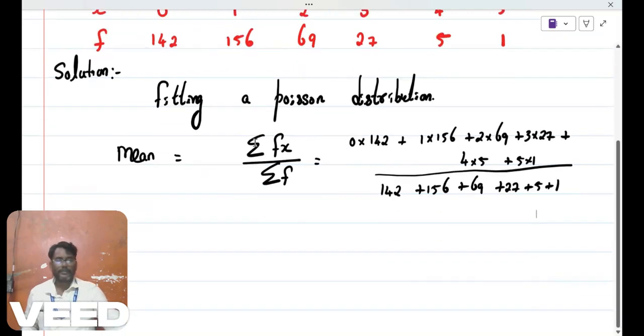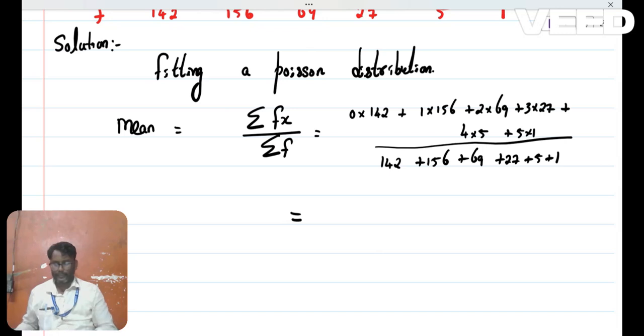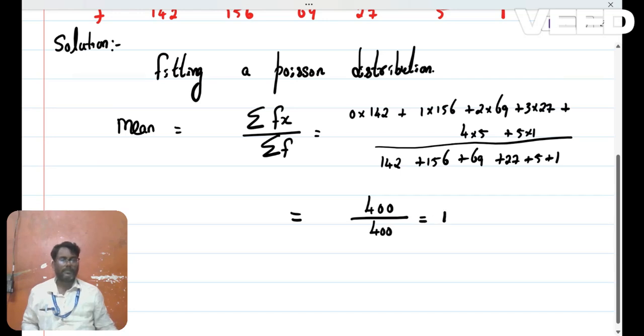So the summation of f of x is 400, and the sum of the frequencies is also 400, which is equal to 1. So here mean is equal to 1.